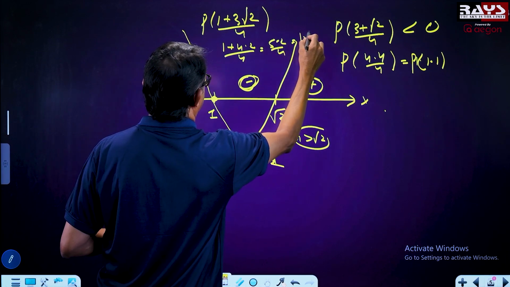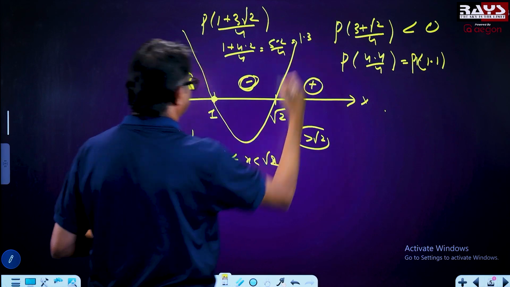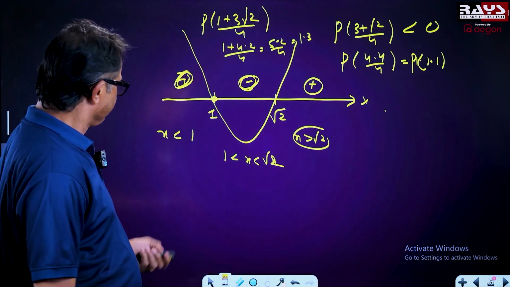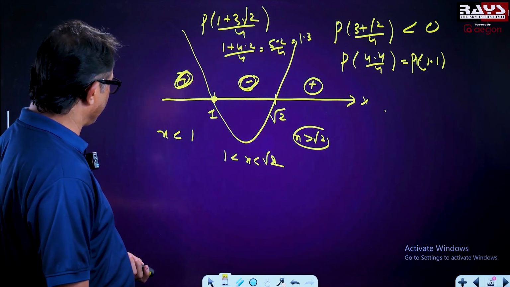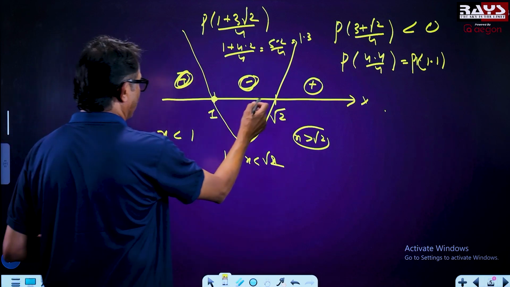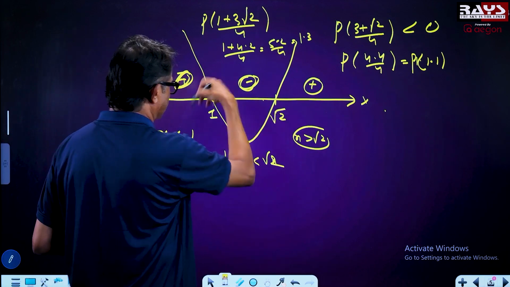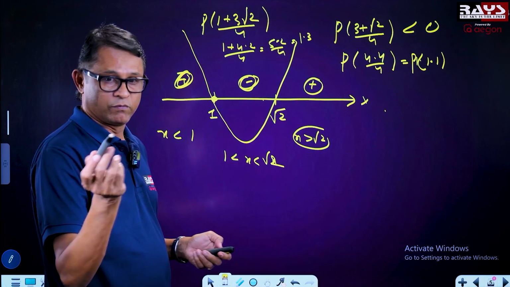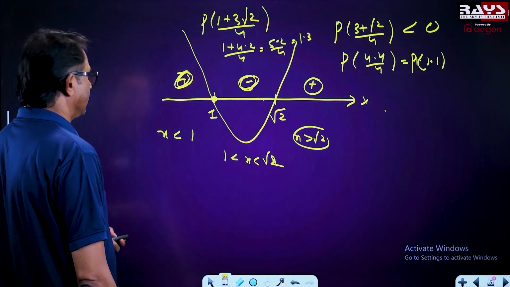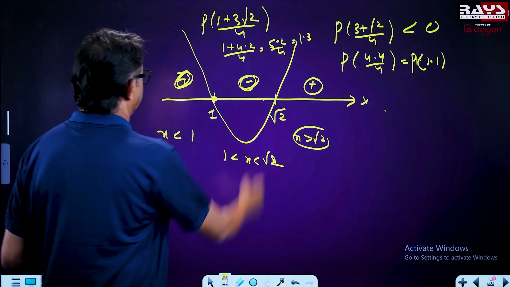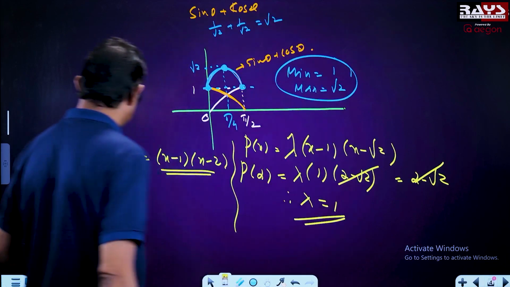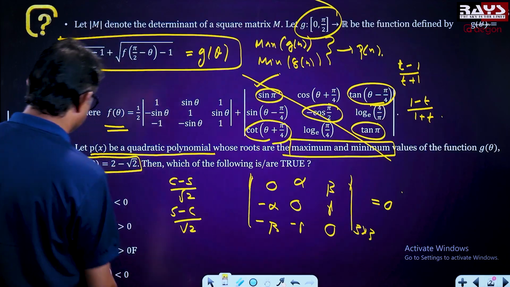That is about 1.3. 1.3 is less than root 2, because root 2 is 1.4 approximately. So that will be again less than 0. But what is given? It is greater than 0, therefore it is wrong.